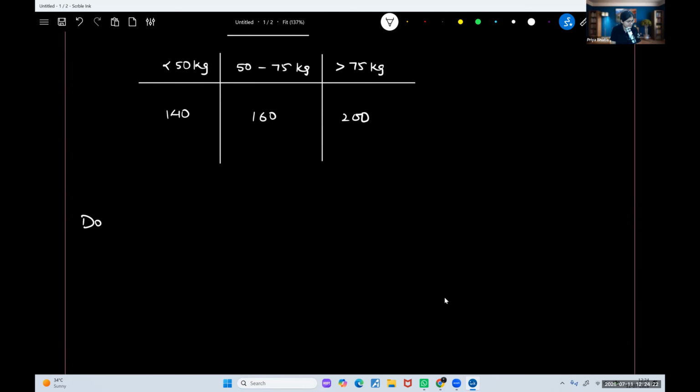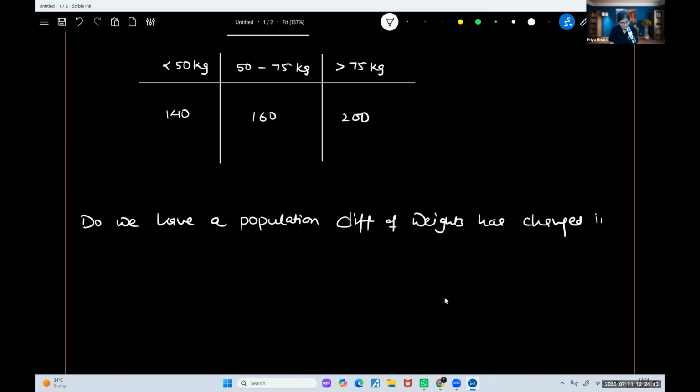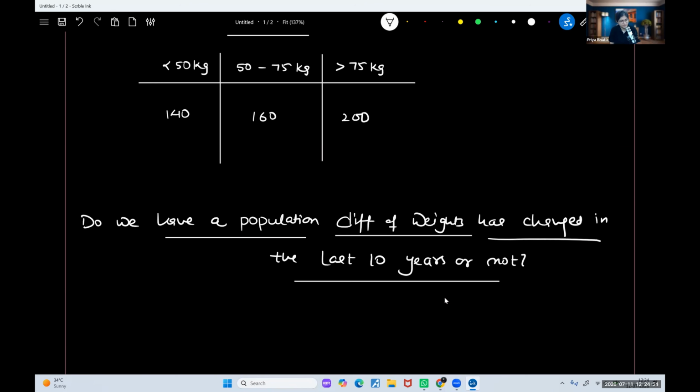So the question they're asking is that do we have a population difference of weights has changed in the last 10 years or not? So this is the problem statement.